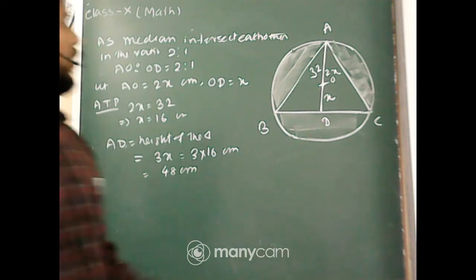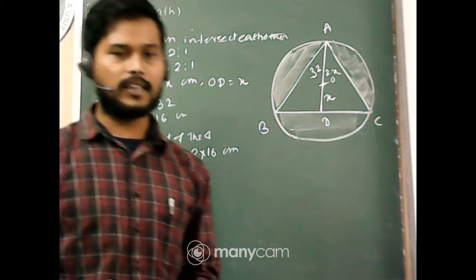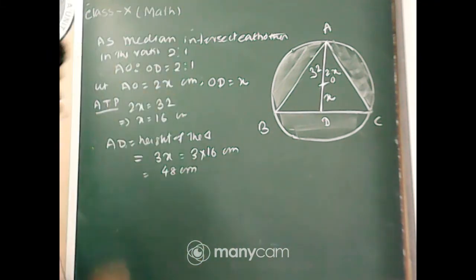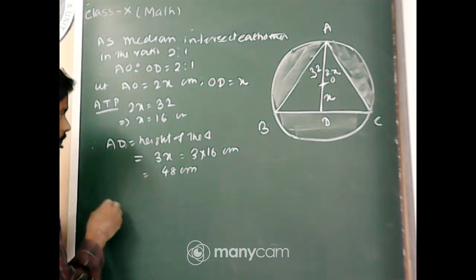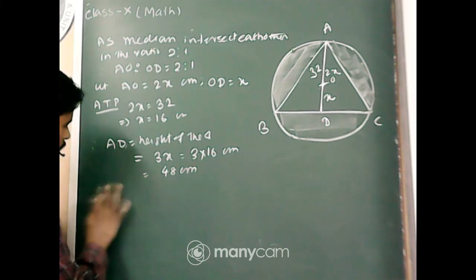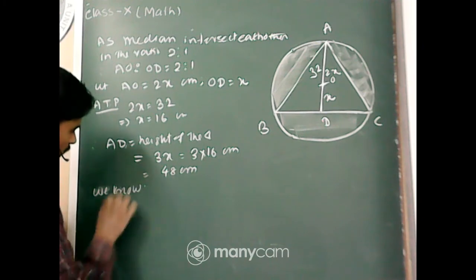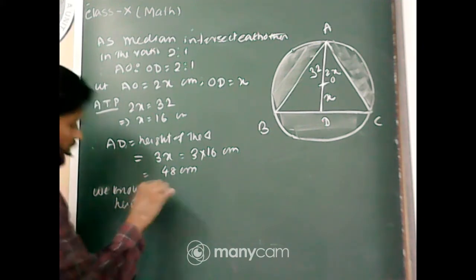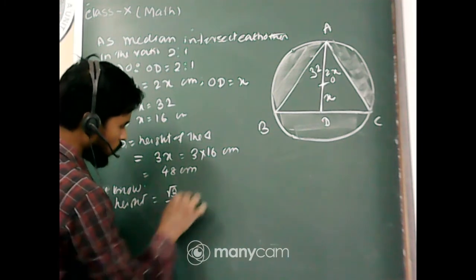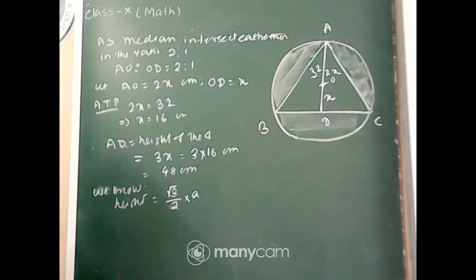Now whenever you know the height of an equilateral triangle, then we can easily calculate the side of the triangle, isn't it? So we know in an equilateral triangle, height is equal to root 3 by 2 into a, if we consider a as the side of the triangle.